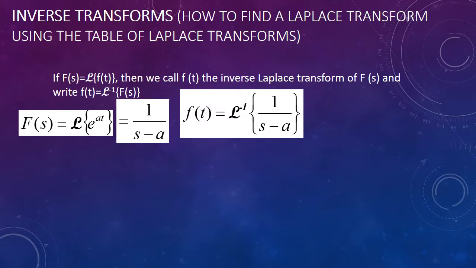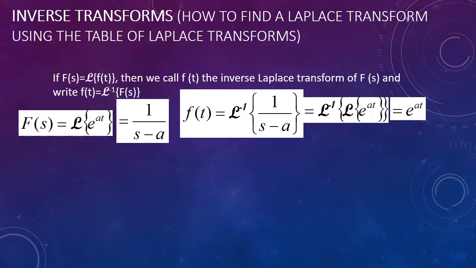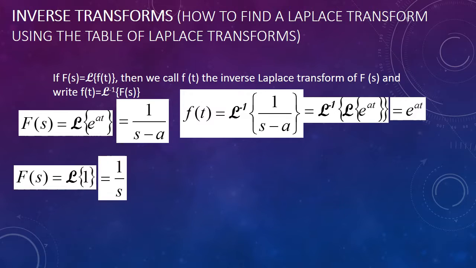And then the idea is you'd have to find the inverse Laplace transform of 1 over s minus a. Now to do that, I know that 1 over s minus a is the Laplace transform of e to the ax. And so if I have the Laplace transform of a function and I take the inverse Laplace transform of that, I just get the function back itself. So that's the technique that we're going to want to use.